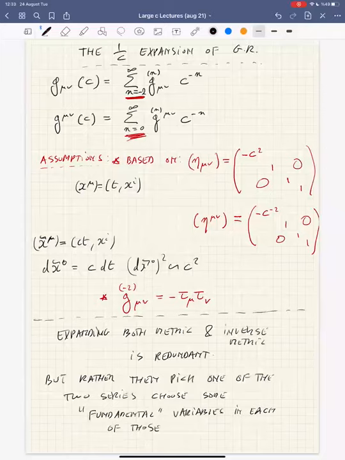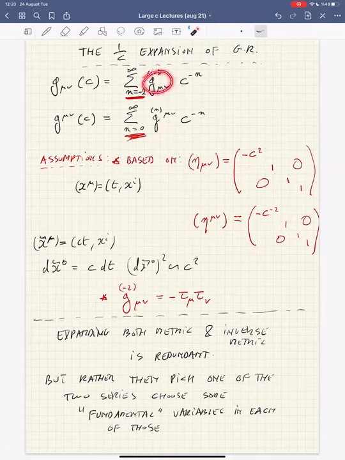Okay, so some of our degrees of freedom are going to sit in here, and some of them are going to sit in there, and some parts of this thing are going to be algebraically determined in terms of that. Okay, so it's going to be some mixed thing.